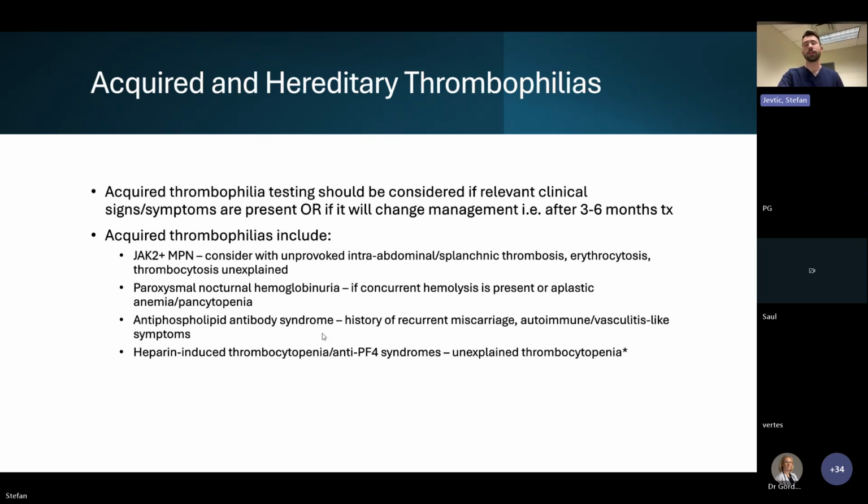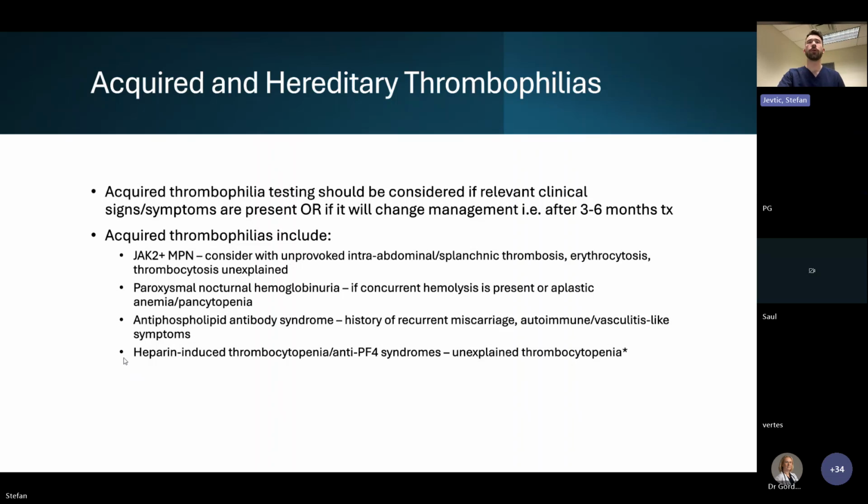So typically I will not send a lupus anticoagulant in the acute setting, but I'll wait until they come off anticoagulation and then consider sending it. Your beta-2 glycoprotein and cardiolipin antibodies are EIA-based tests, so they're not affected. So you can send those in the acute setting. But I wouldn't send them unless there's a history of recurrent miscarriage, or any autoimmune or vasculitic type symptoms that would prompt me to suspect an APS picture.